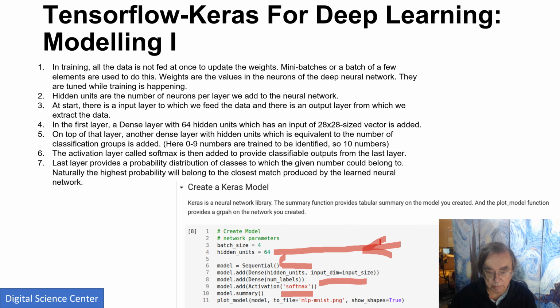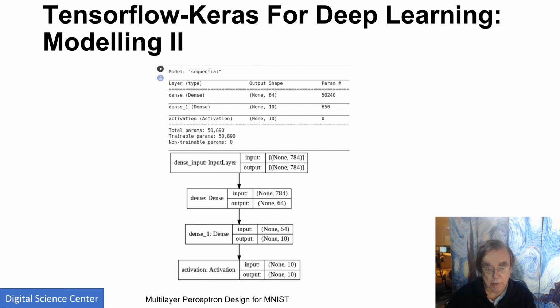And here we have the final output, the number of labels, and the softmax to tell us which is the most probable label. And then we produce a printout, which is a text printout with model.summary and a visual printout with plot_model. And those results are shown here.